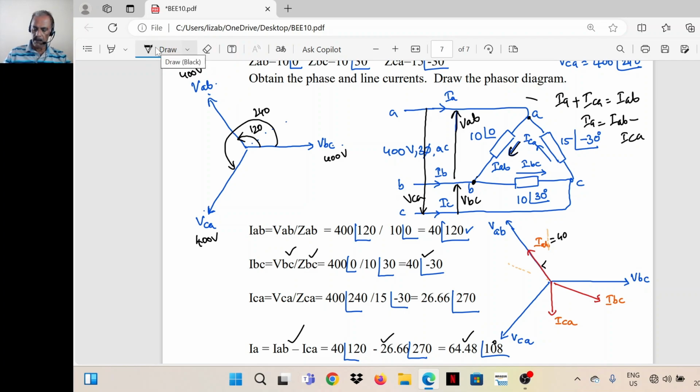Now we have to find out the line currents. IA is 64.48 angle 108. IA is IAB minus ICA. So project ICA in the negative direction. This is minus ICA. Then find the resultant. Complete the parallelogram, draw the diagonal.